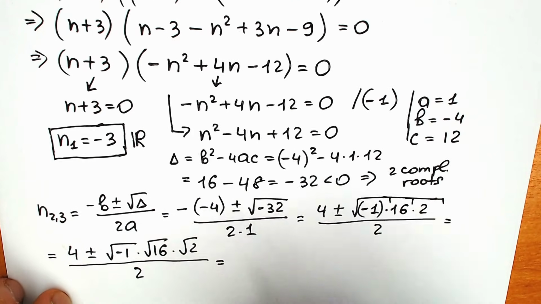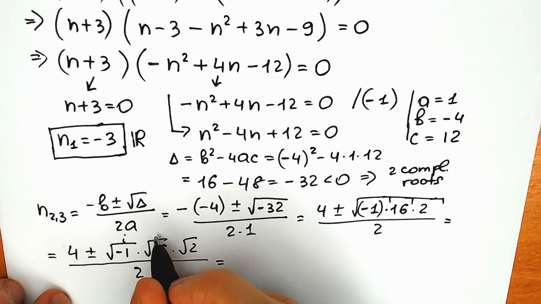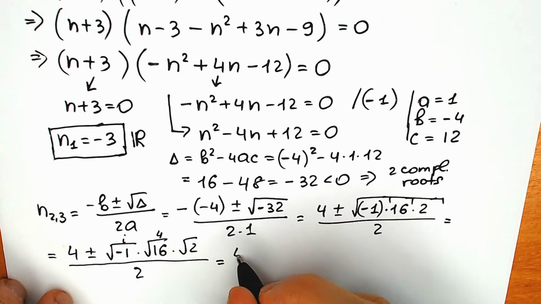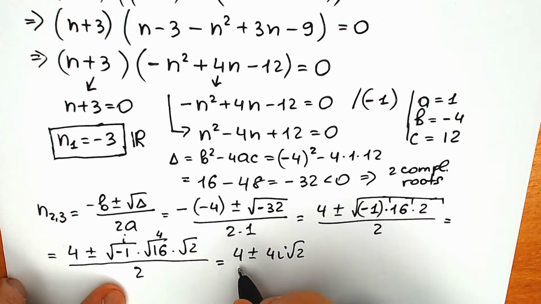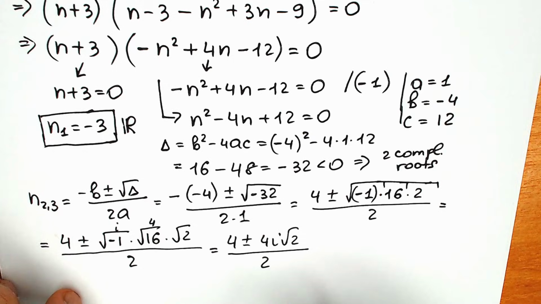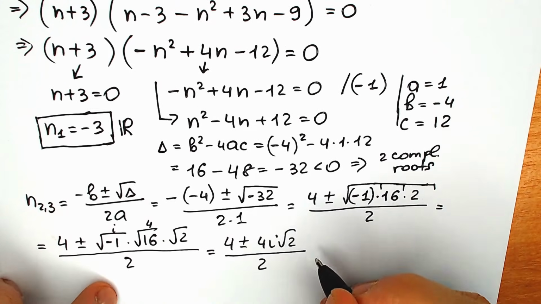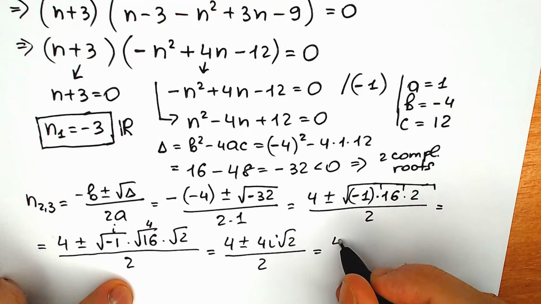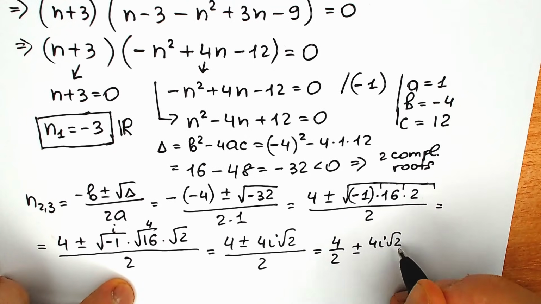Square root of minus 1 is our imaginary unit, this is our i, and square root of 16 equal to 4. So we have 4 plus minus 4i square root of 2, all over 2. Of course, this is up to you how you prefer solving this. My quick recommendation is to divide by parts: 4 over 2 plus minus 4i square root of 2 over 2.